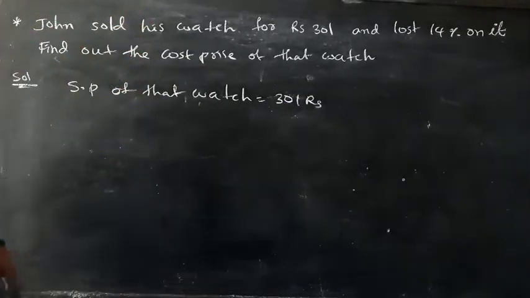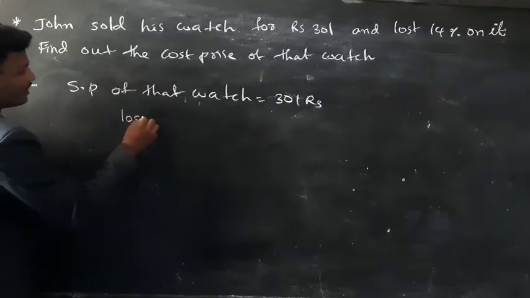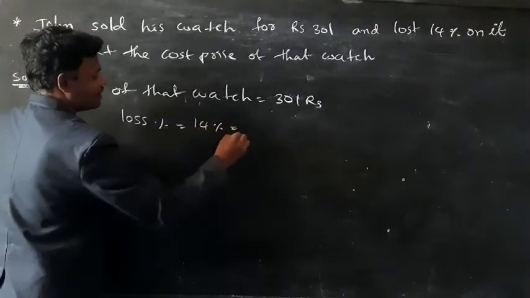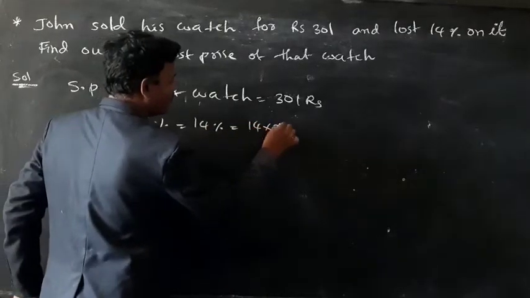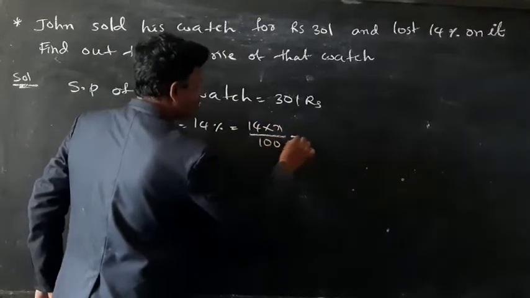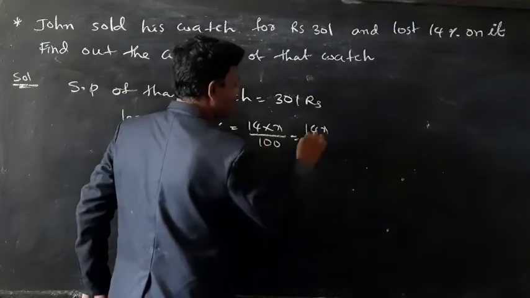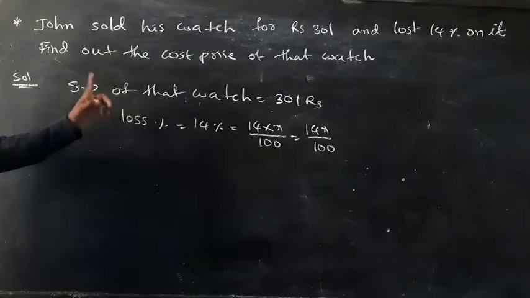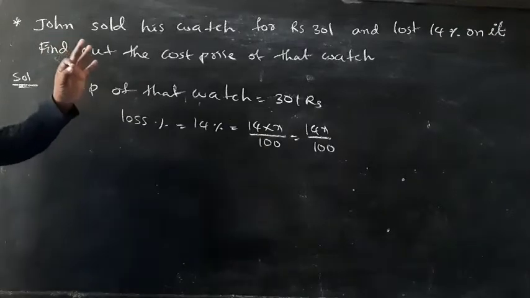And he lost, percentage is equal to 14%. It is nothing but 14 into x by 100. So what is the loss here? 14x by 100. Now you have to find what is the cost price of that watch.